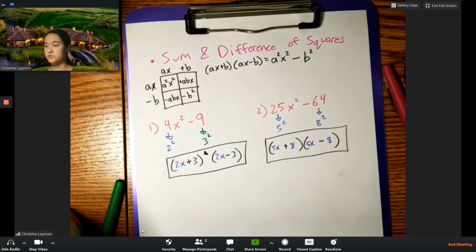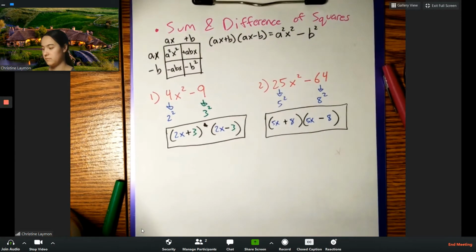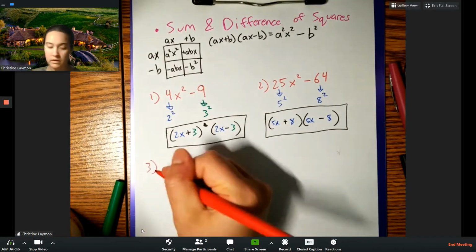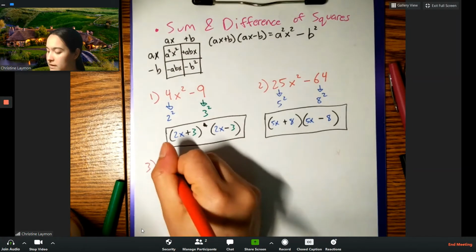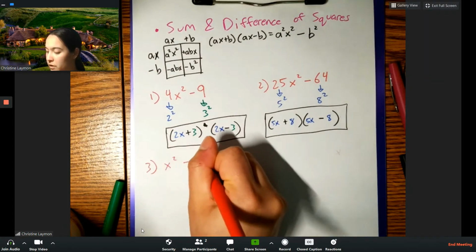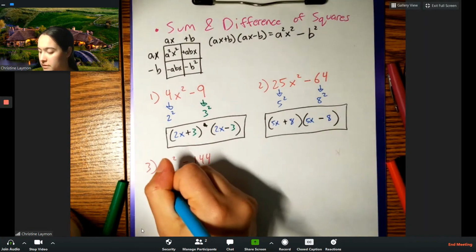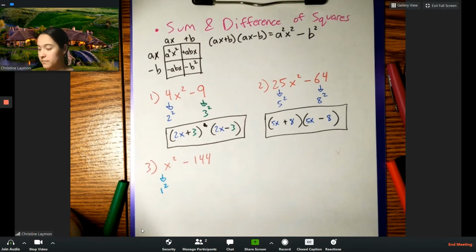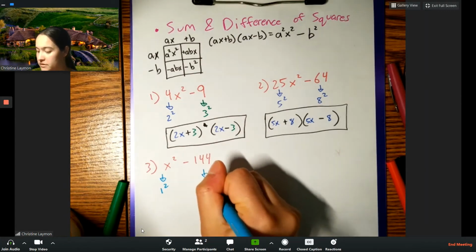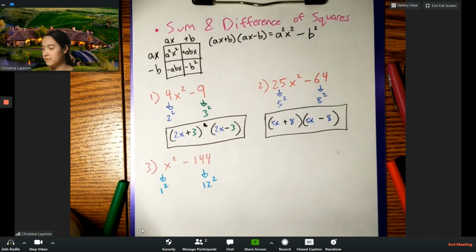Let's go ahead and do one more here. For this one, let's take a look at x squared minus 144. So notice in this one that this is 1 squared. This one here is 12 squared.